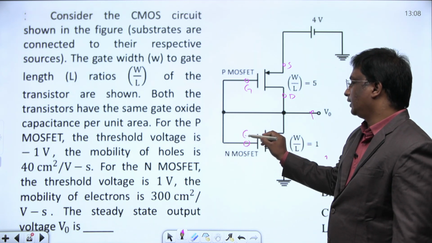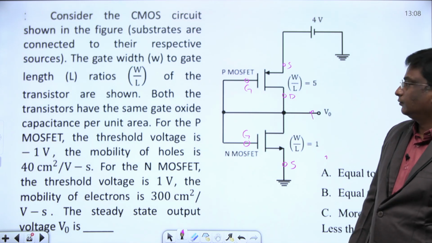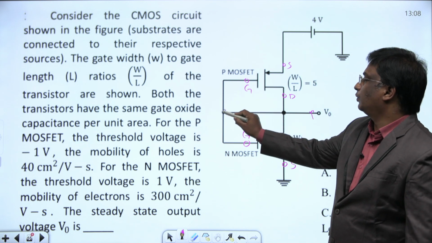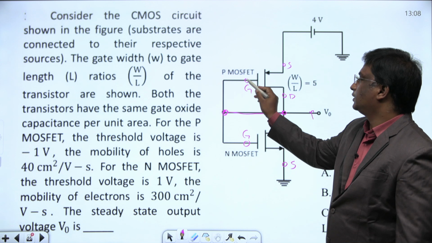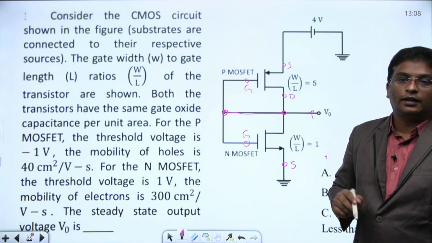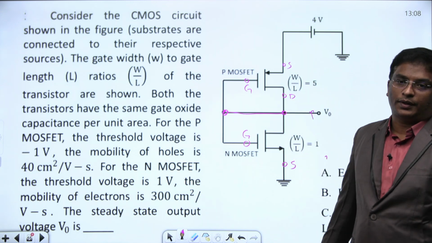This is the gate of the N MOSFET. Another point by this diagram: notice that this point is shorted. The gate and drain are connected to the same point, so that MOSFET acts in the saturation region of operation.